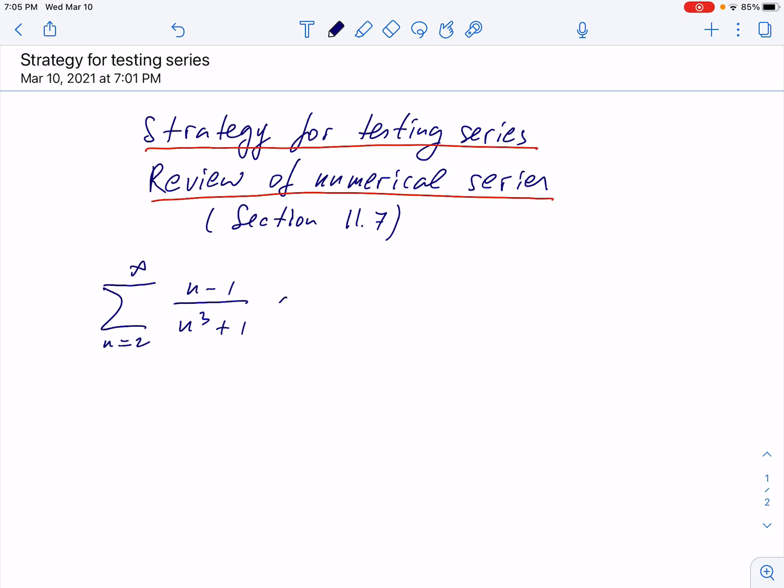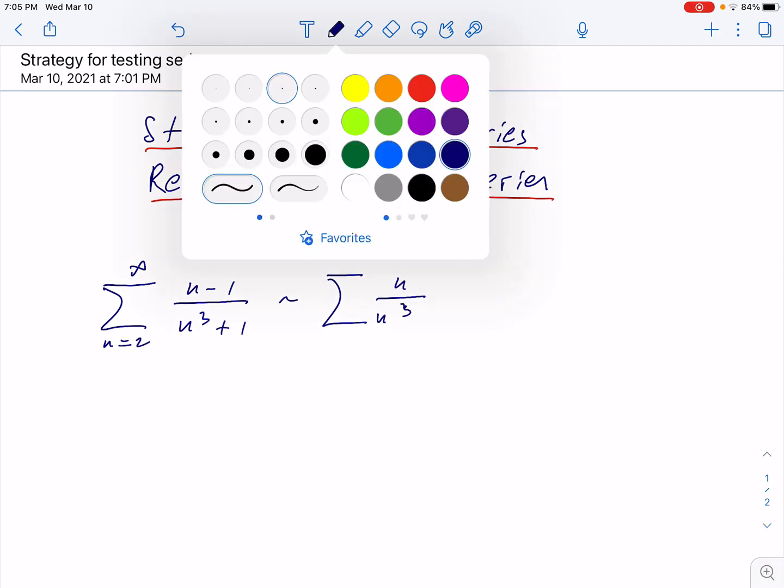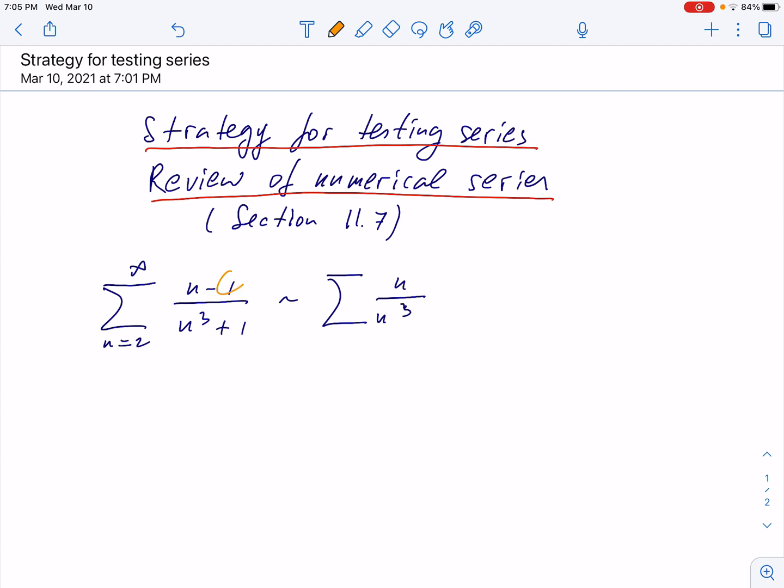So this series will be similar to the series with n on top and cubed below. So what we're doing, we're removing these constants. They're not growing, they don't change the behavior of the series. Okay, so our series is similar to this.